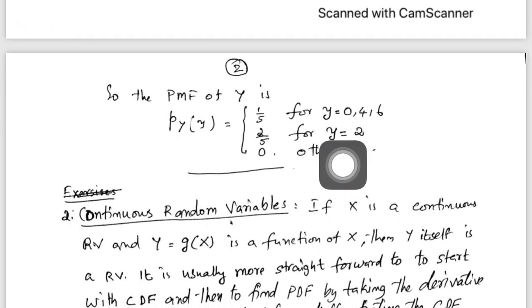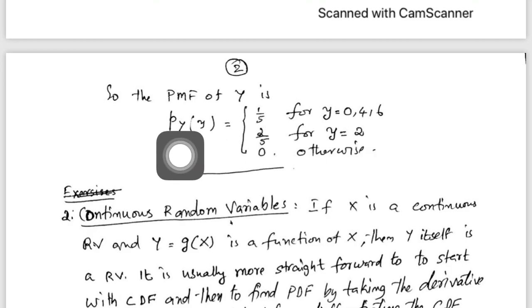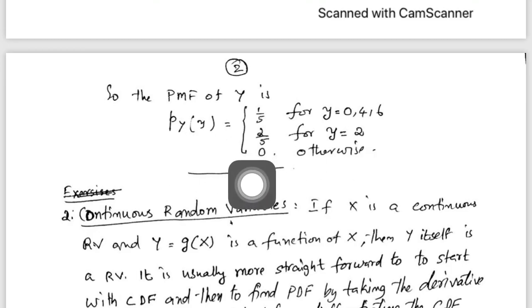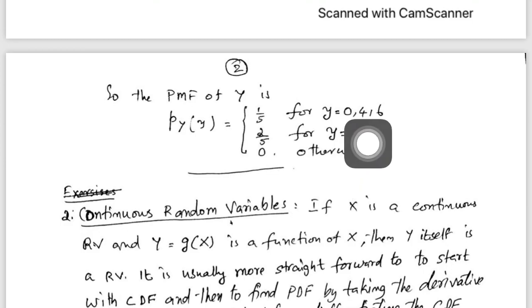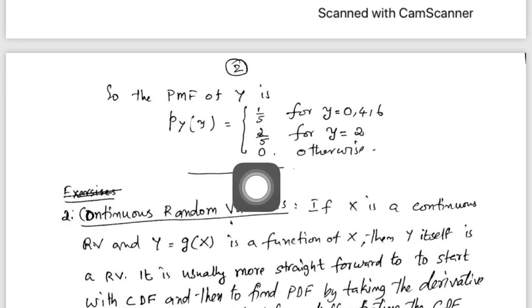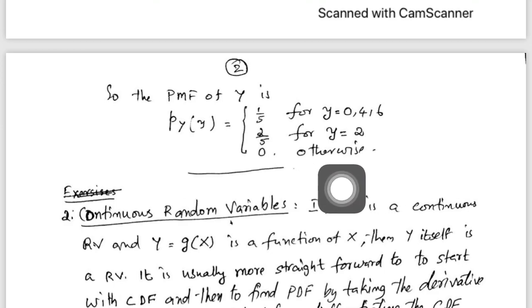Only in the case when Y is equal to 2, you take p_Y(y) equal to 2 by 5, and there is no probability for other values other than 0, 2, 4, and 6. That is why I am writing finally equal to 0 otherwise.